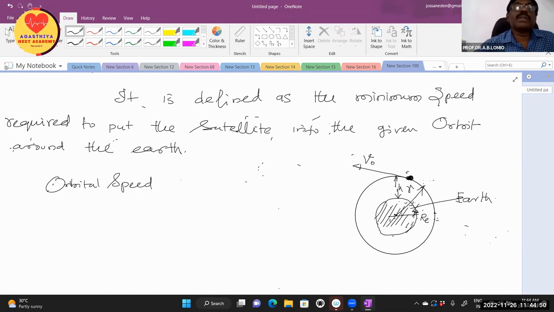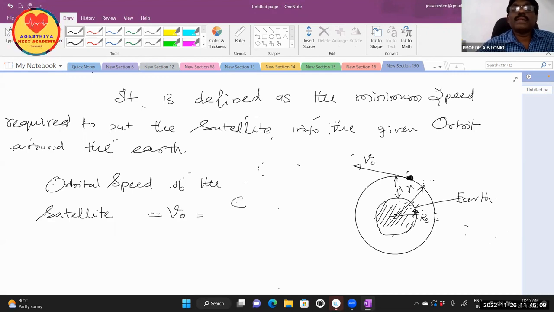The orbital speed of the satellite is V naught.